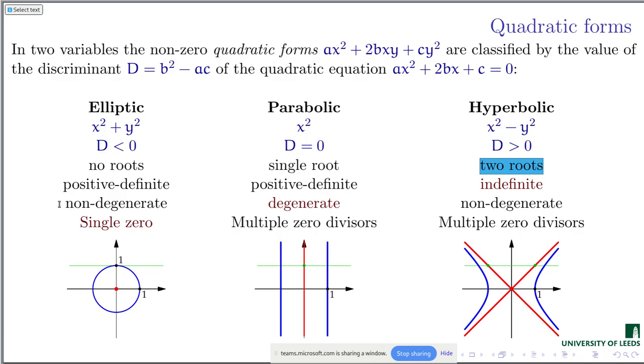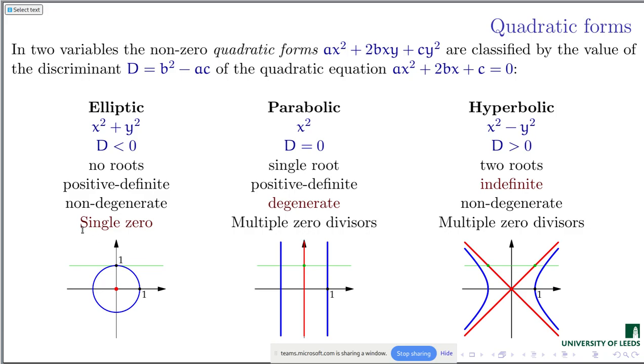The form is positive definite in the elliptic and parabolic situations, but indefinite, taking both positive and negative values, in the hyperbolic case. So again, the parabolic case is different because it degenerates. There is no dependence on y in the new coordinates here. And we see that this property distinguishes the different cases here.